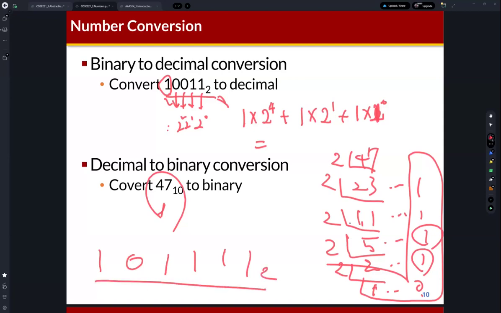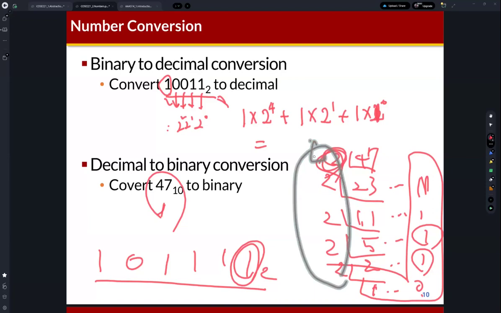How can we use this method? I repeatedly divide the number using the base of the binary number, right? It means the first 2 represents the remainder of 1.